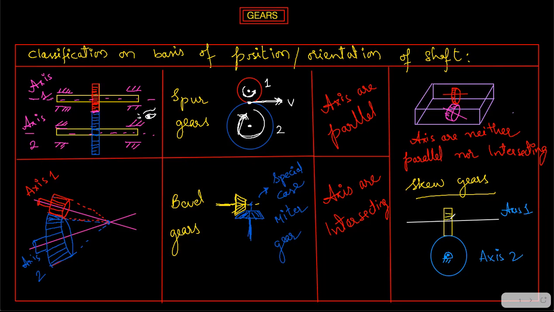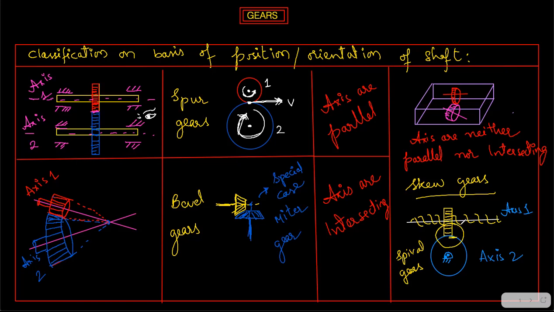So the special case within skew gears is called spiral gears. And if you have a thread type of system on the gear itself, where the complete thing is like a shaft with a thread, and this gear is in contact over here, this is called worm and worm wheel.